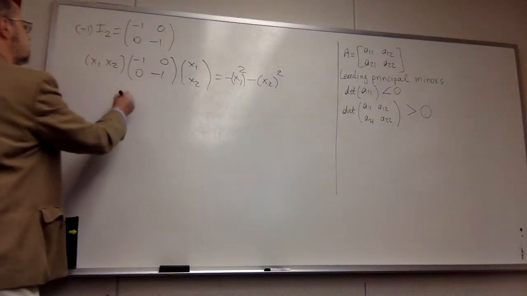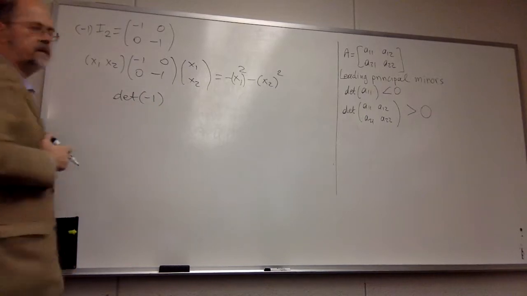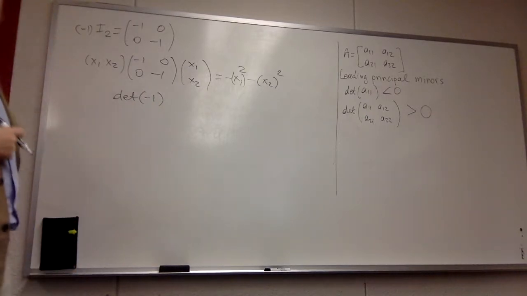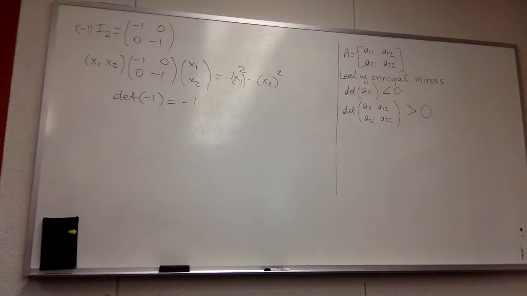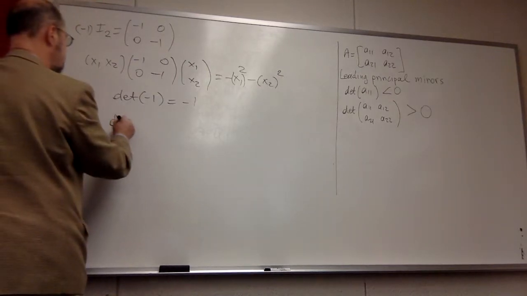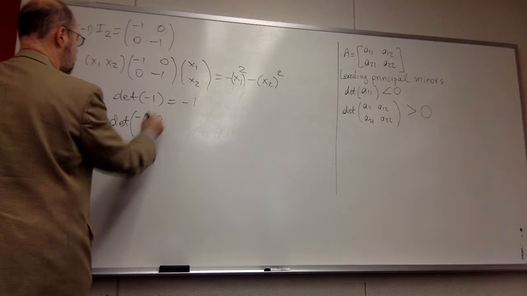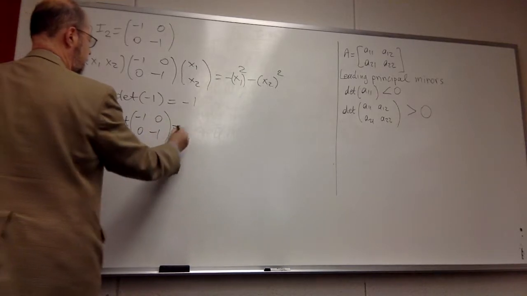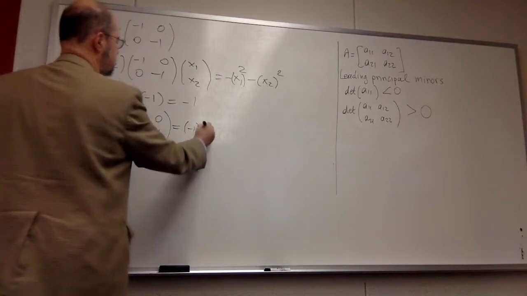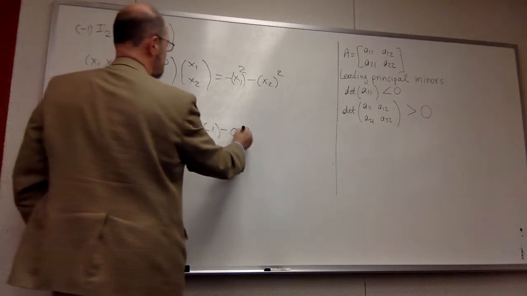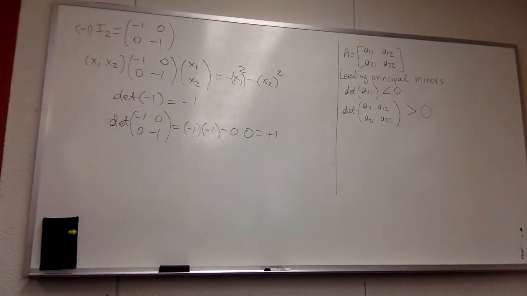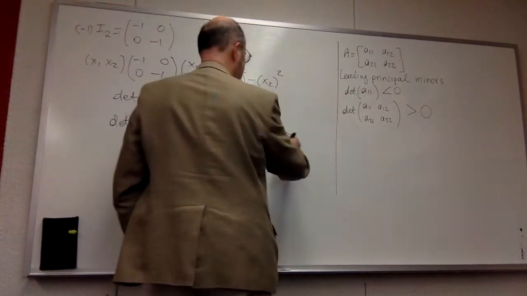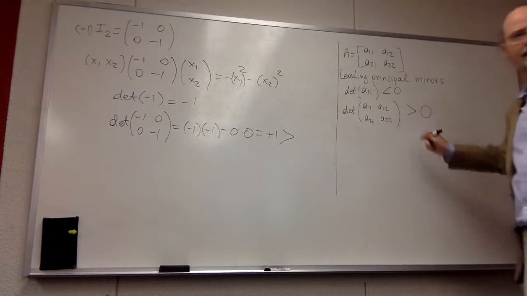So what is the determinant of the first leading principal minor, which contains the number -1? It's the number -1. Okay, it's negative. How about the determinant of the whole thing? It is, in fact, -1 times -1 minus 0 times 0, so it is +1. Right? Aha.